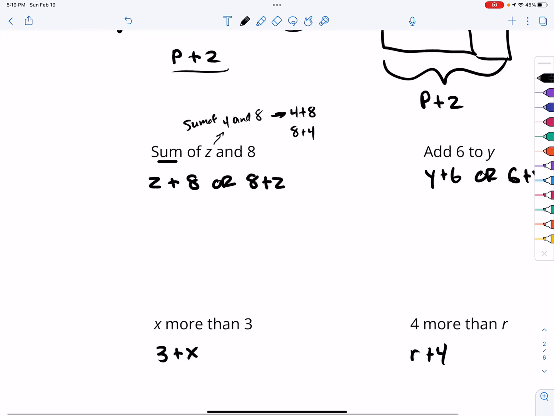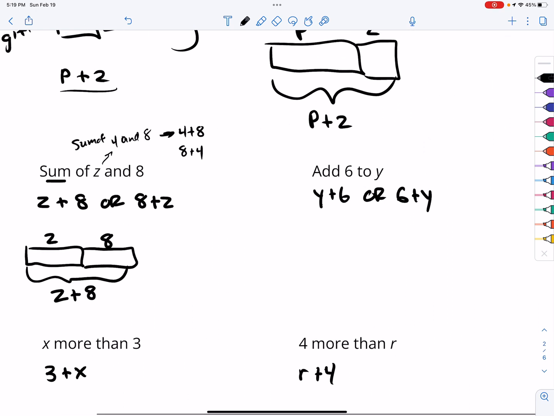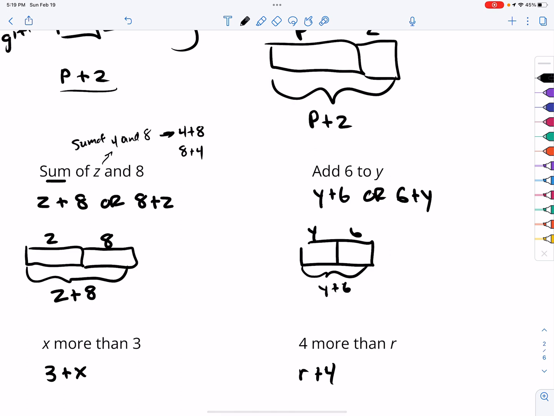You could draw pictures of each of these. You have the value of z, you have the value of 8. To find the whole thing, you would do z plus 8. Same thing here. Y plus 6, add 6 to y. So if I'm adding 6 to it, that makes me think I have y and then 6 more. So y plus 6 would give me the total.